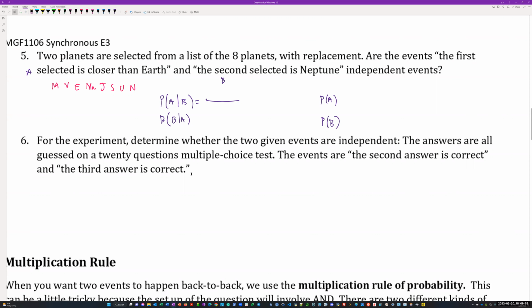That means the second one selected is Neptune. Is that correct? But if B occurred and then we want A to happen first, what's the chance A happens first and then B happens, given that B happens second?